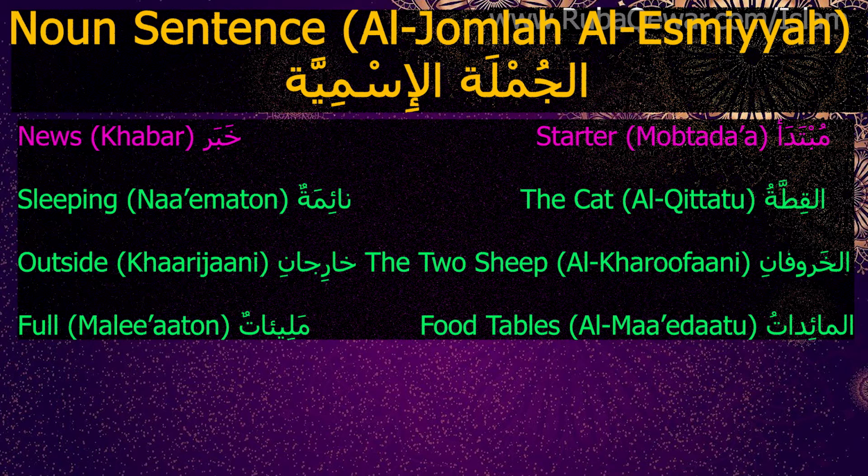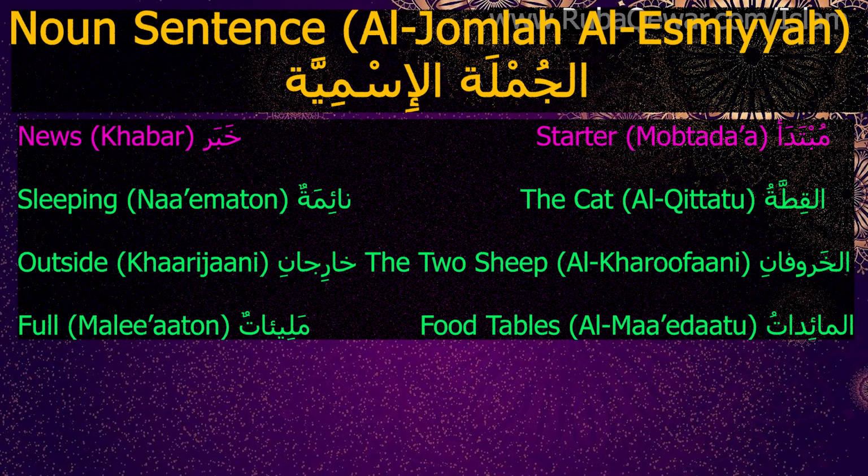Well, 3 is okay. Now القطة, what is it, مبتدأ or خبر؟ مبتدأ. Is it مرفوع منصوب مجرور؟ مرفوع. صحيح. What is the sign of the مبتدأ here؟ ضمة. صحيح, أحسنت, very good. نائمة, what is it, مبتدأ or خبر؟ خبر. مرفوع.